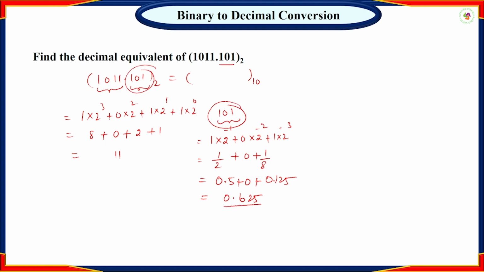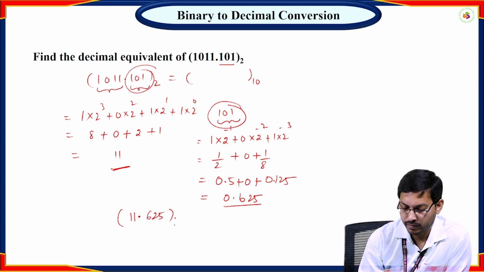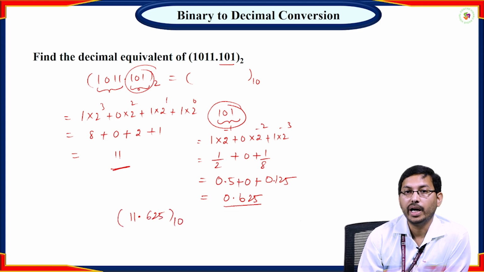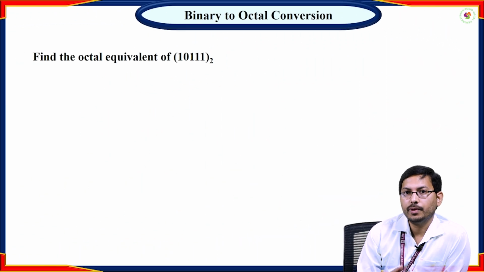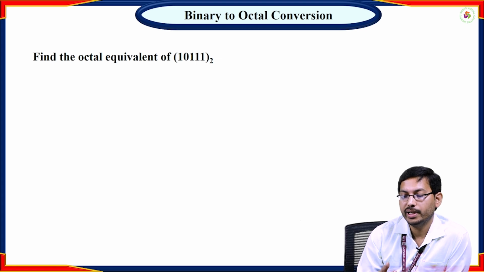So after combining these two values, the total decimal equivalent of 1011.101 is 11.625. So this is our decimal equivalent of the binary number 1011.101.